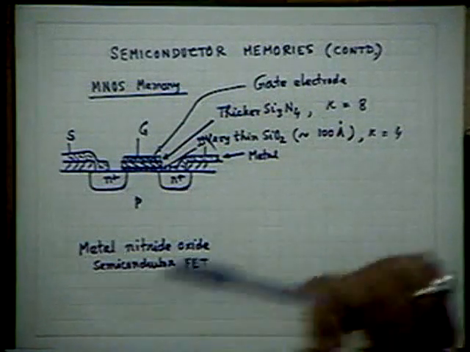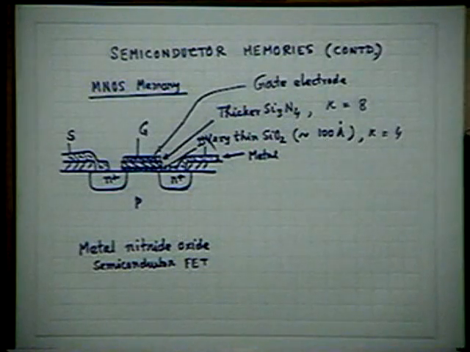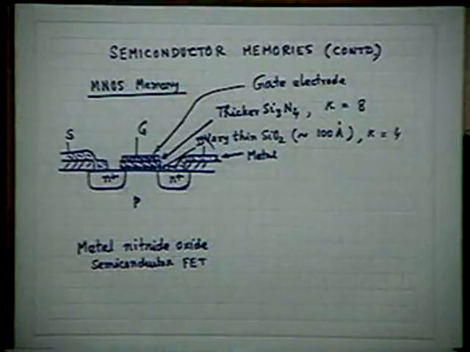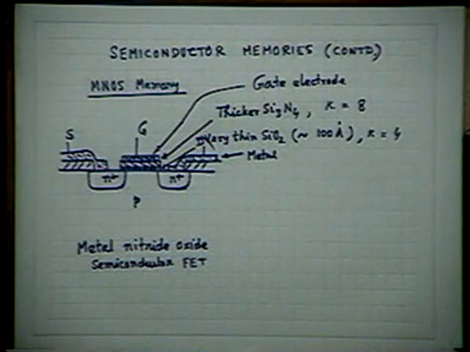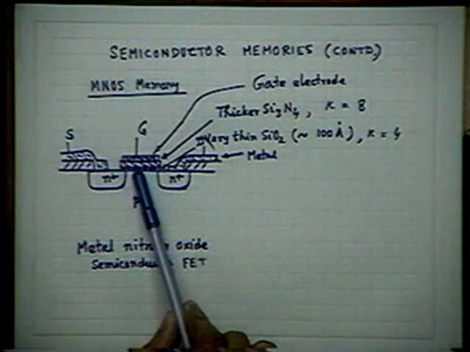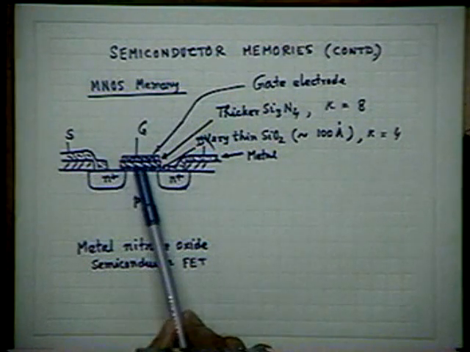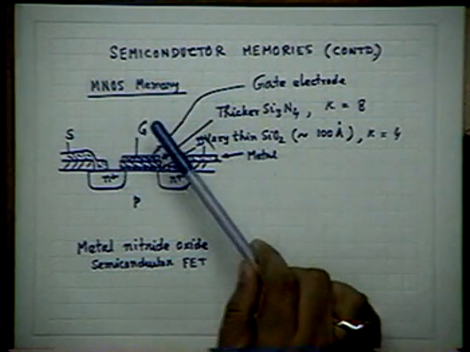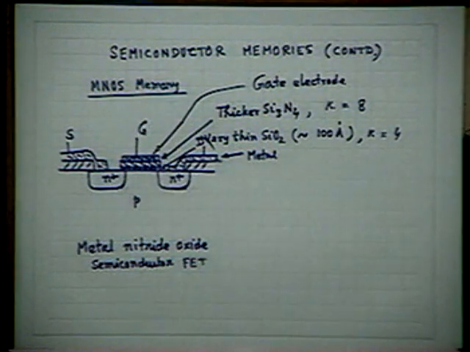This happens due to the boundary conditions at dielectric boundaries. As a result, whatever voltage you apply at the gate will cause an electric field that is much higher in the oxide compared to the nitride, with respect to the source or substrate.